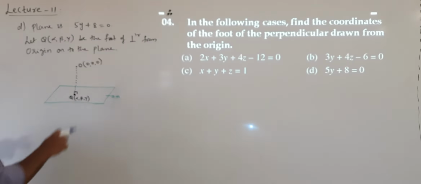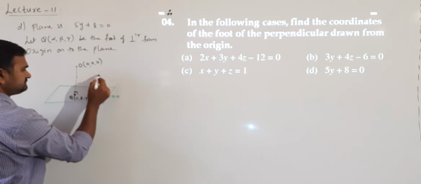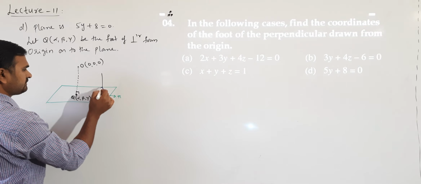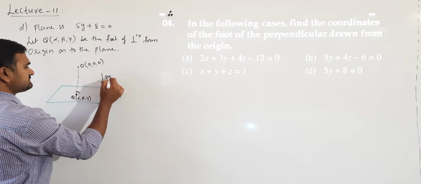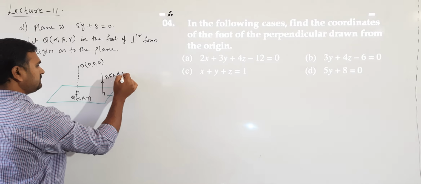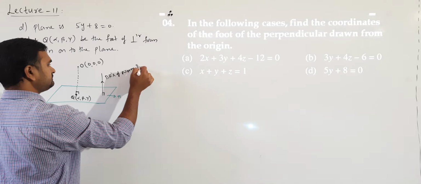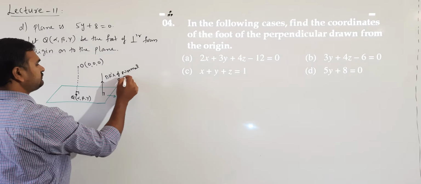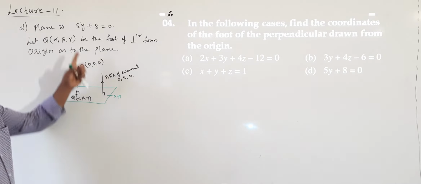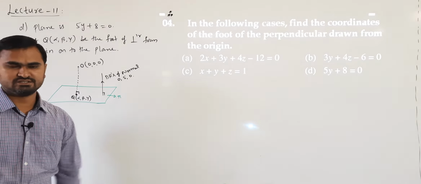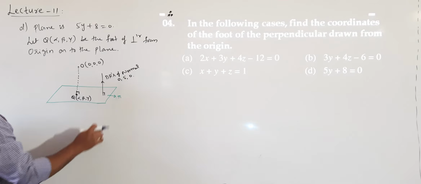Next, what are the drs of the normal to the plane? They are 0, 5, 0. These are the drs of the normal to the plane.